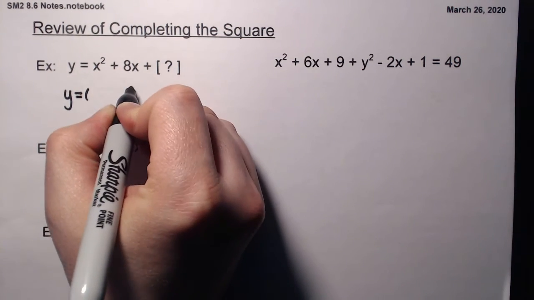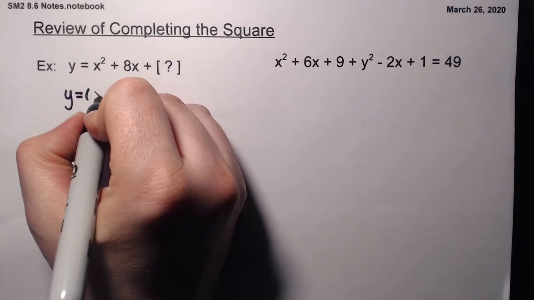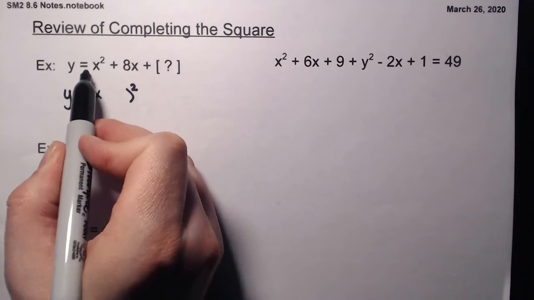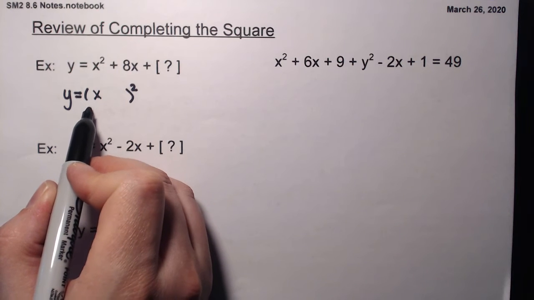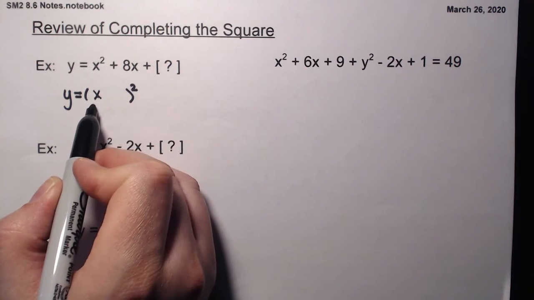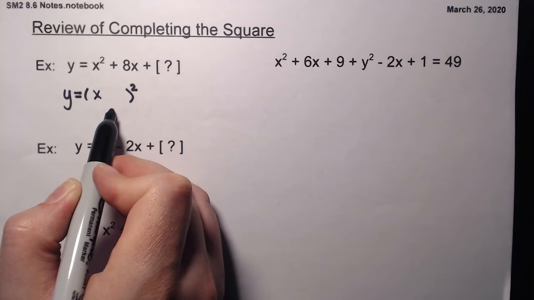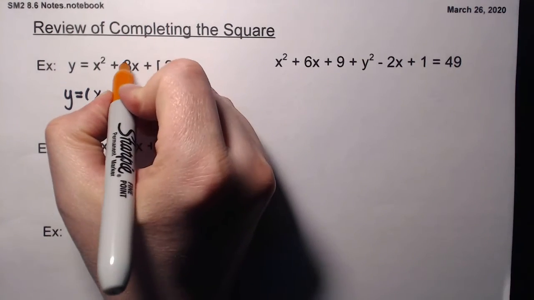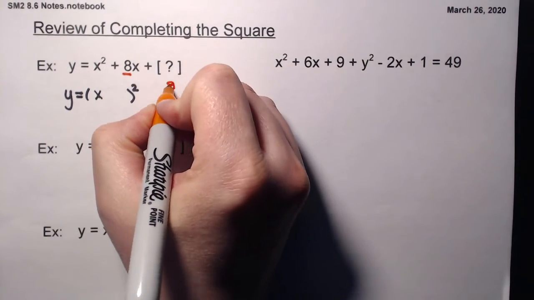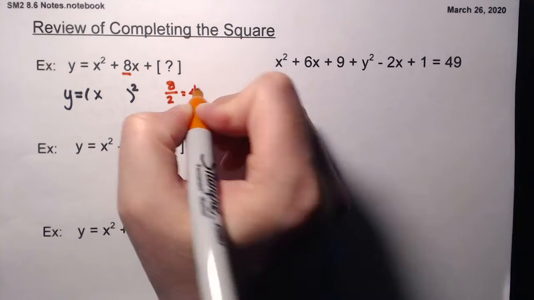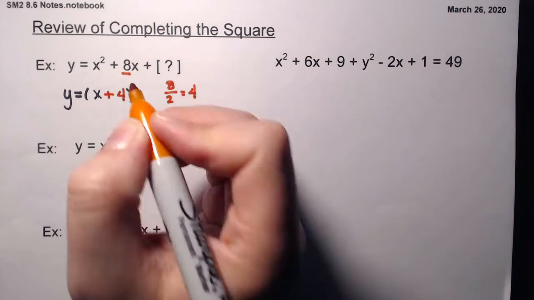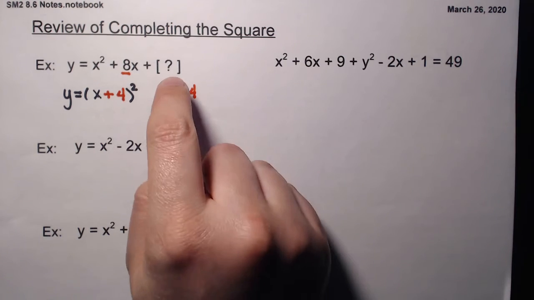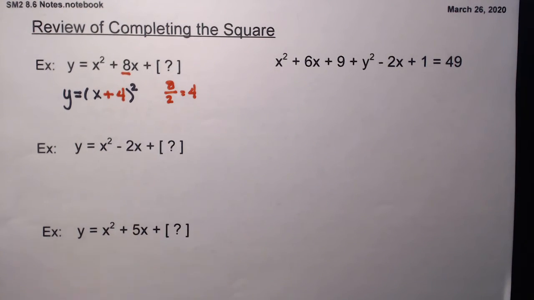Now remember, completing the square is because I want to make it so that I can rewrite the whole thing as something squared. So to do that, I'm going to take half of this value, okay, that's what goes here, and I'm going to square it to get that value.